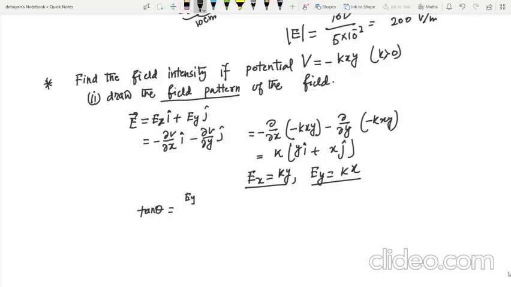Now if you integrate it, the equation y square minus x square equals to constant. This is nothing but the field pattern is hyperbolic. This is the equation of hyperbola. So it is nothing but hyperbolic pattern. That means if the curve is like that, then it should be like that.